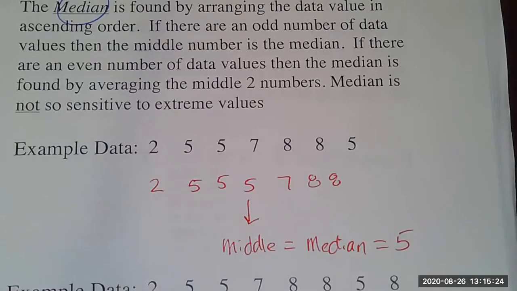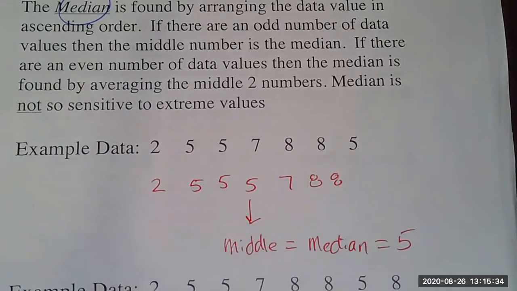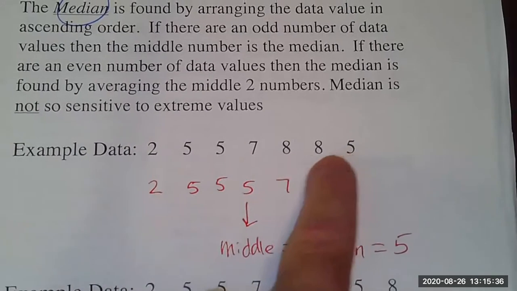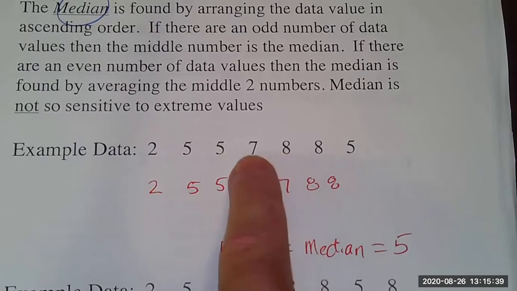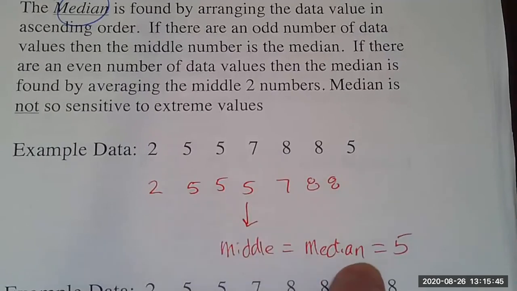I know for a fact there's going to be a couple of you that don't get it, or you're not paying attention, or maybe you're not even here today, meaning not you guys. Somebody didn't show up. And they're going to know that there's something about the middle one, and this is going to be out of order on the test. They're going to pick 7. They're going to say median is 7. It's wrong. Median is 5. So hopefully it's not you that are here today.